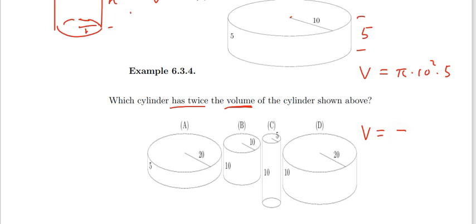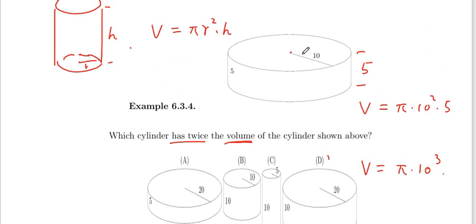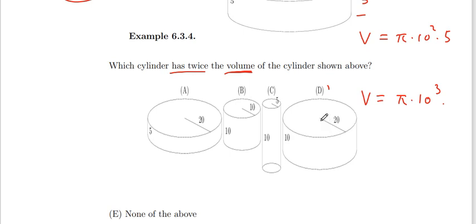Very clear, it's this one. If this is radius 10 and height 5, then double the height gives 10. So it is pi times 10 squared times 10.